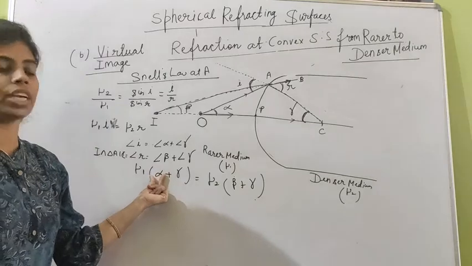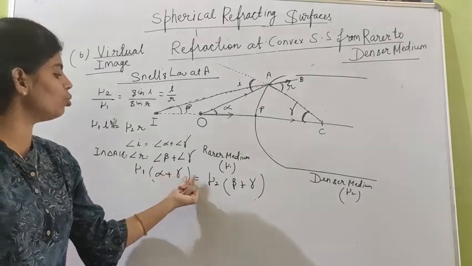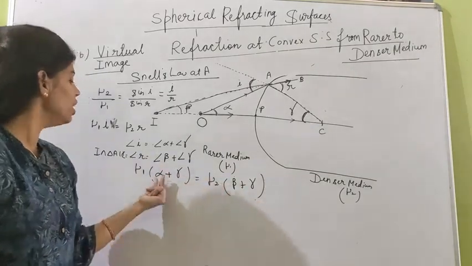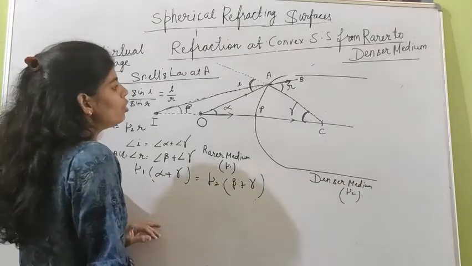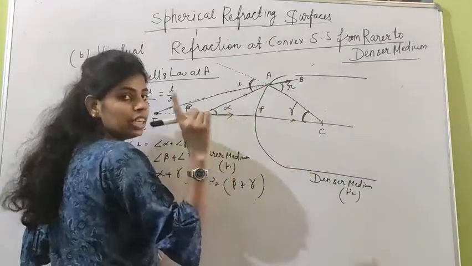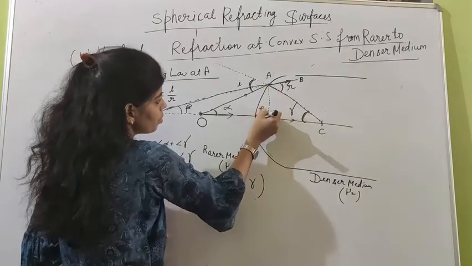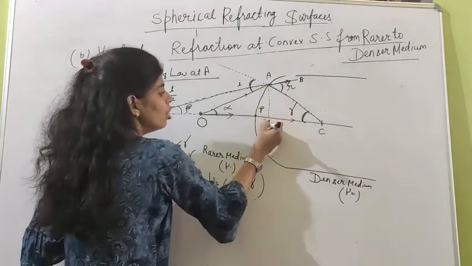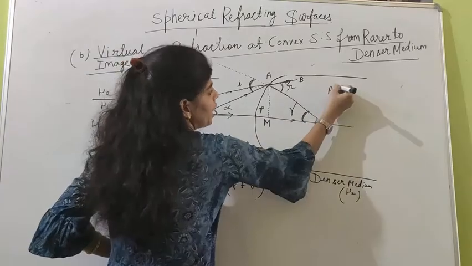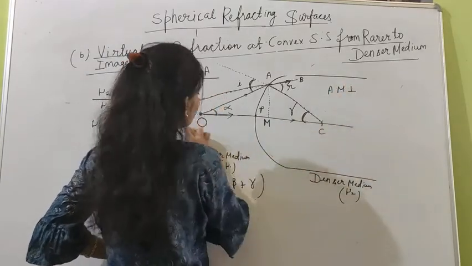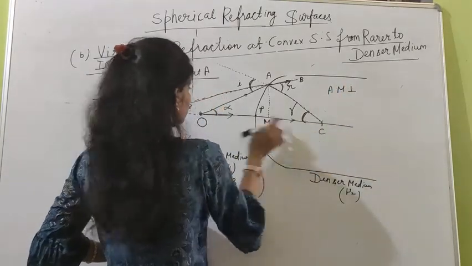Again we have to take tangent of alpha, tangent of gamma and tangent of beta. For tangent of alpha, we draw a perpendicular from A. We have drawn AM perpendicular on IC.